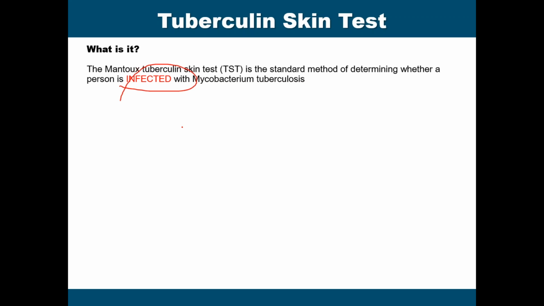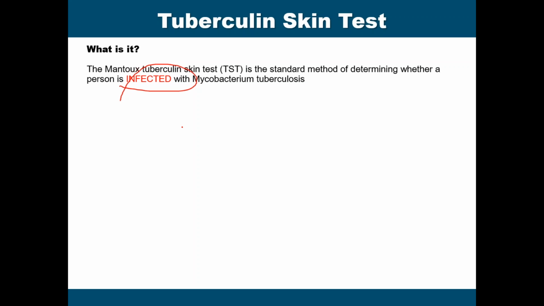Now, it is very important to remember that the purpose of tuberculin skin test is to determine if the person has been infected with tubercle bacilli. So it doesn't really mean that the person has active tuberculosis or has an ongoing clinical condition, but only to find out if the person has been infected. Or in the NCLEX, what you would like to look for in terms of the term that describes the purpose of this test is to find out also if the person has been exposed or has had contact with a person who has tuberculosis.